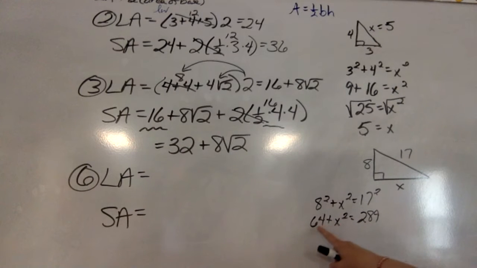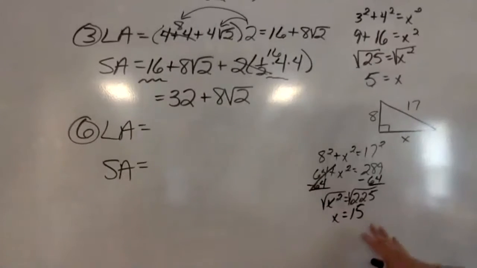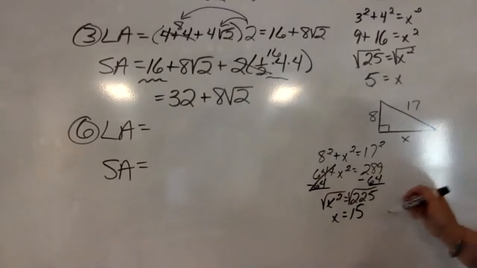So the opposite of adding is subtracting. So I'll subtract 64 from each side. So I have x squared equals 225. And then the opposite of squaring something is square root. So the square root of 225 is 15. So my missing side measurement down here is 15.